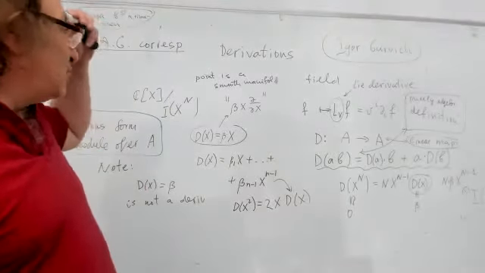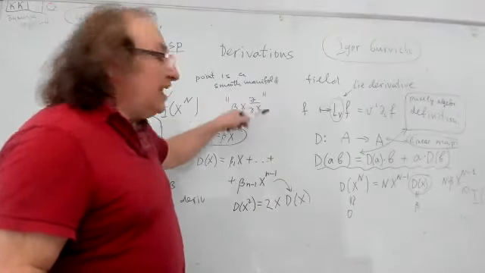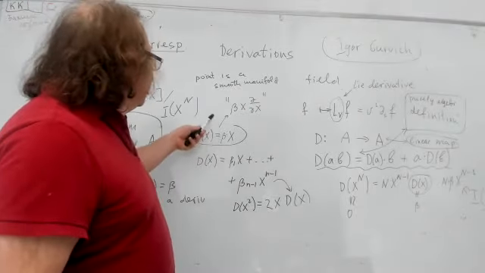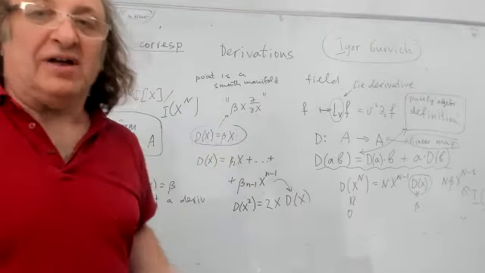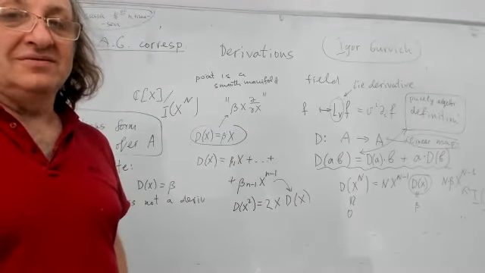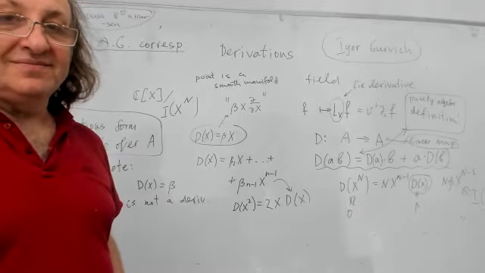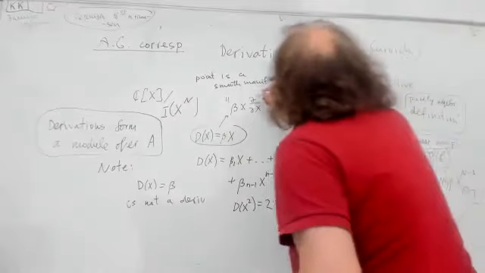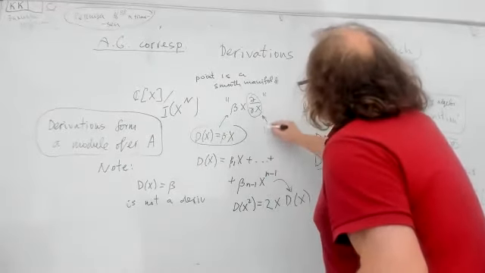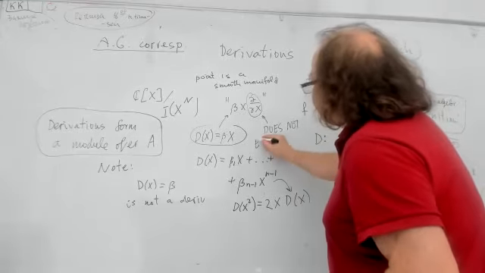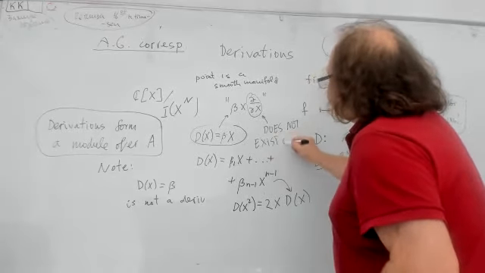But if we try to think what d over dx would be, we would say that it is something that takes x to 1. But it is not a derivation. So such a thing does not exist on a scheme.